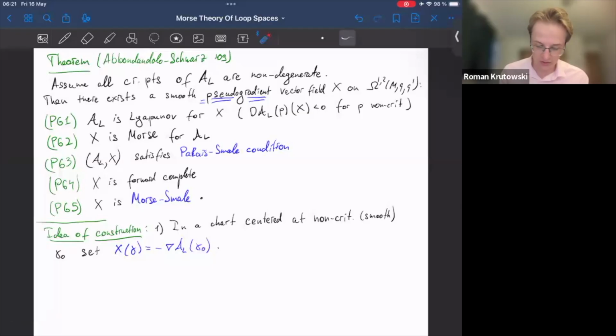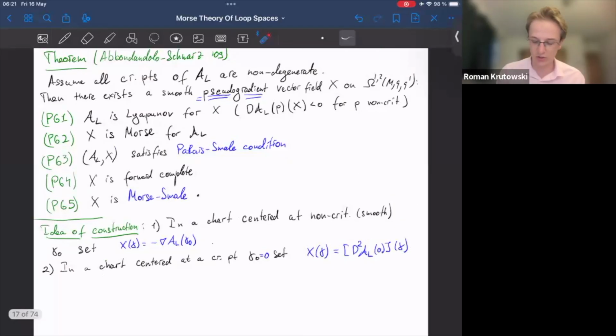So here's an idea of this construction. It kind of requires you to pick some cover of this whole Hilbert manifold, and in charts centered at non-critical points, with a standard trivialization there, you may set X to be kind of trivial in the neighborhood. So you just pick it to be the gradient at the center and just kind of linearly translate.